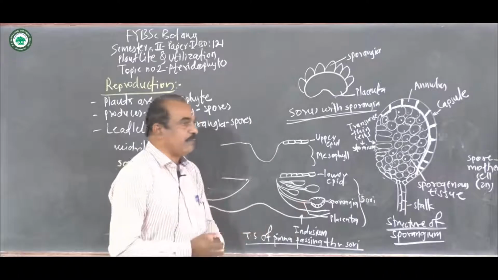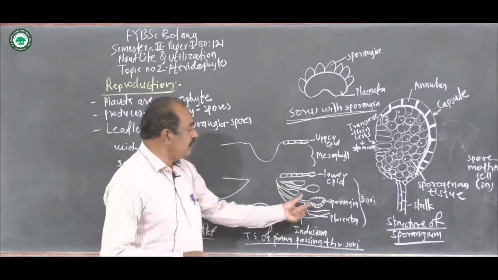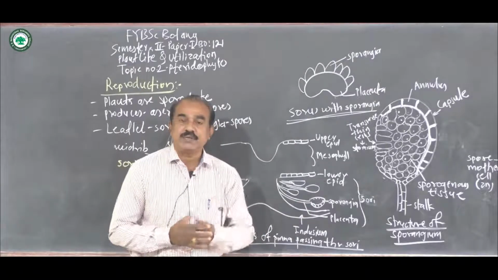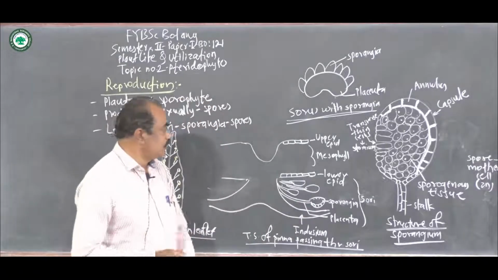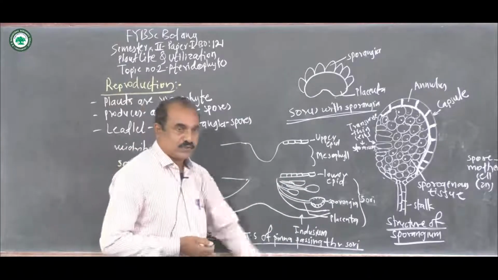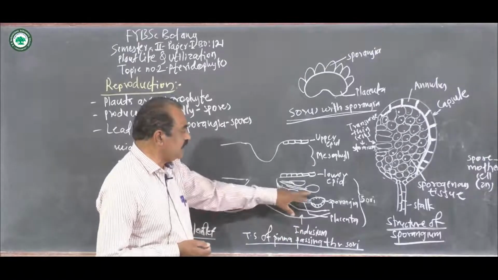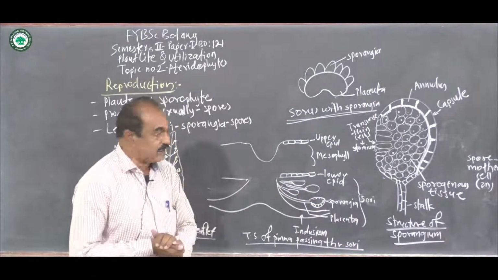At the end of a placenta, there is a very short stalk of the sporangium, and above this, club-shaped sporangia are developed. So, this is the TS of a leaflet or pinna through the sorus. There is an indusium, a placenta, and a number of sporangia.